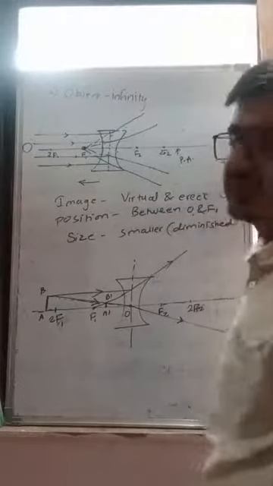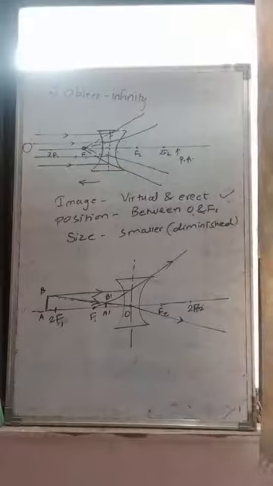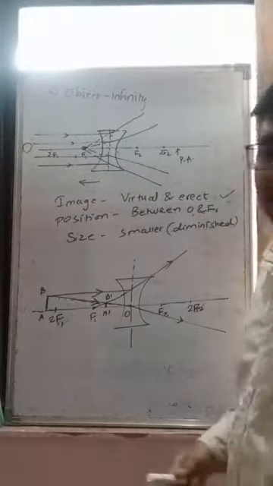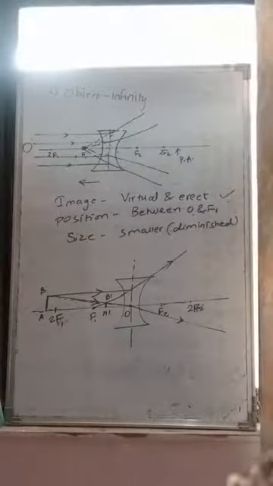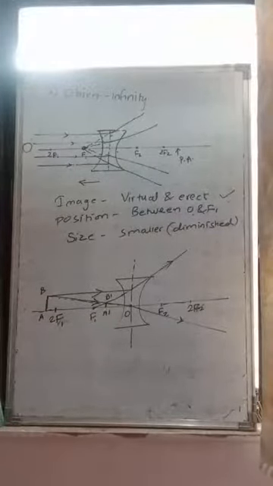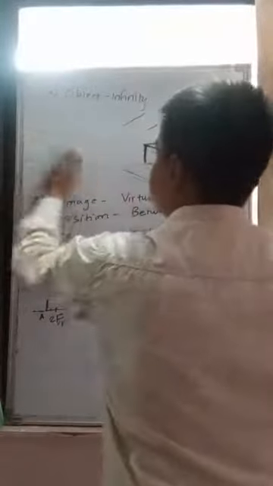Okay, so this is another category of the type of the image. After that we have one more image, that is when the object is kept at focus.